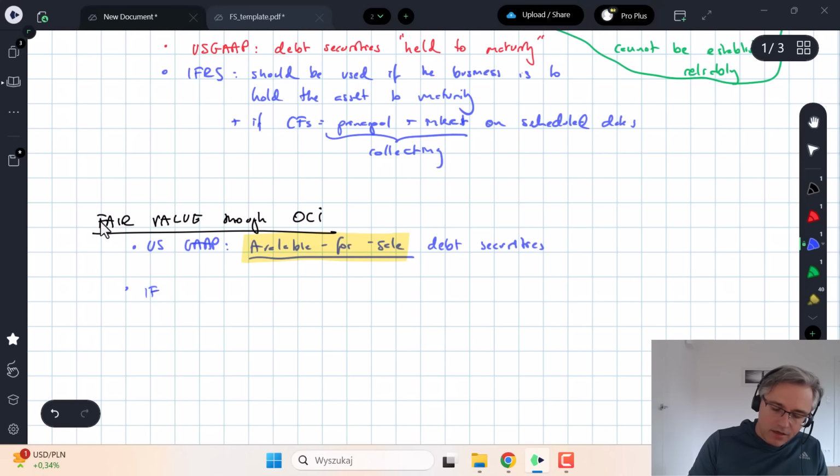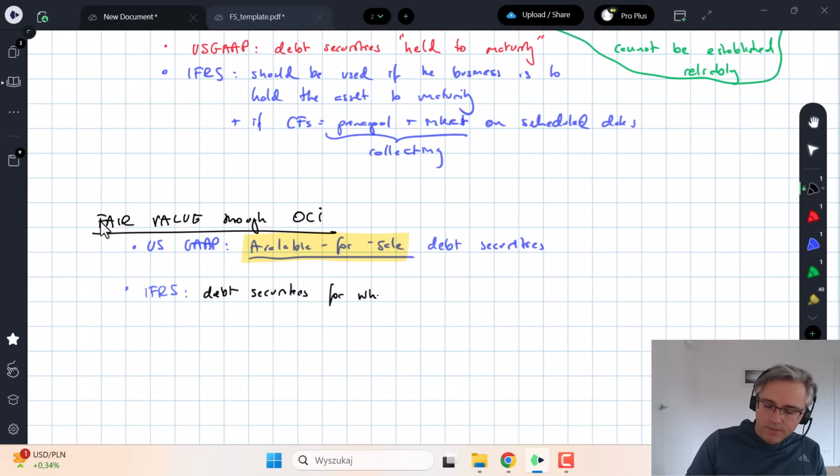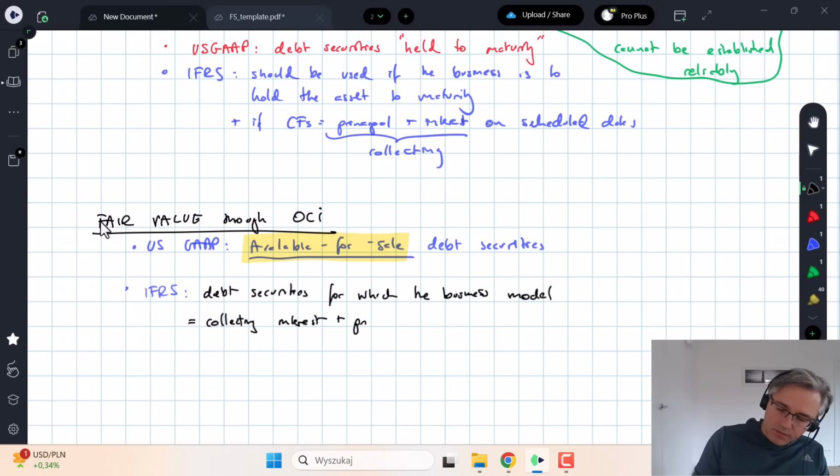Now, IFRS says the same thing, but in a different way. It says this is meant for debt securities for which the business model, IFRS is big on describing the business model of the company. So why are you holding this stuff? Well, if you're holding it for the purpose of collecting interest payments, principal payments, but also are open to the idea of selling the asset, this is going to be the right approach for you.